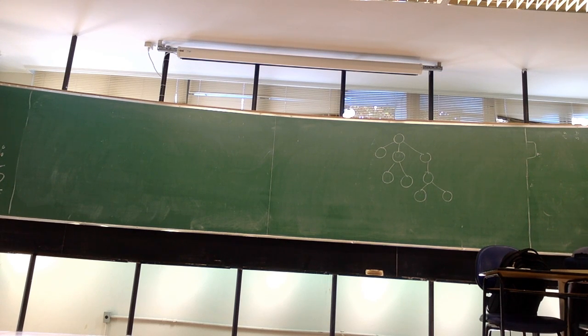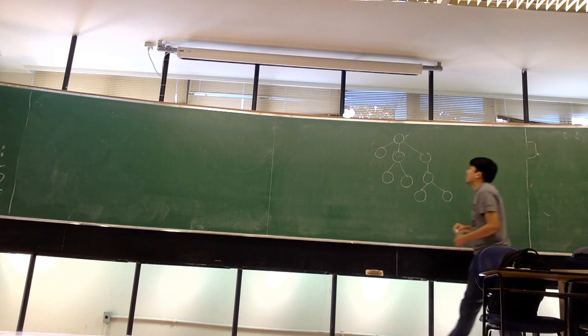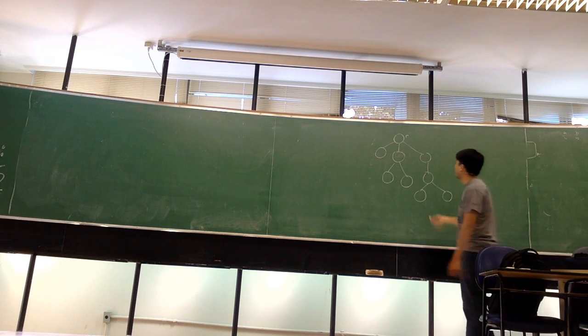Okay, so in this problem, you have a tree graph that is rooted, and each vertex contains a certain amount of points: 2, 1, 3, and so on.